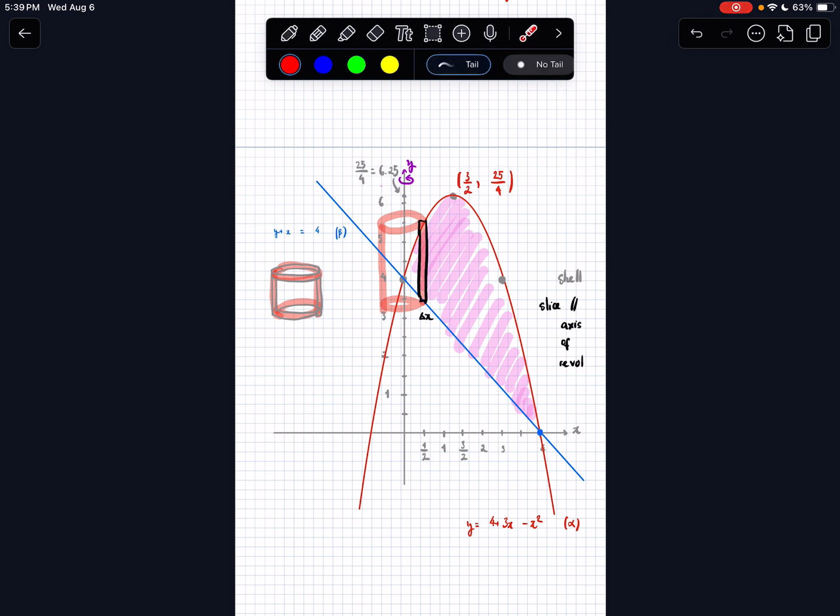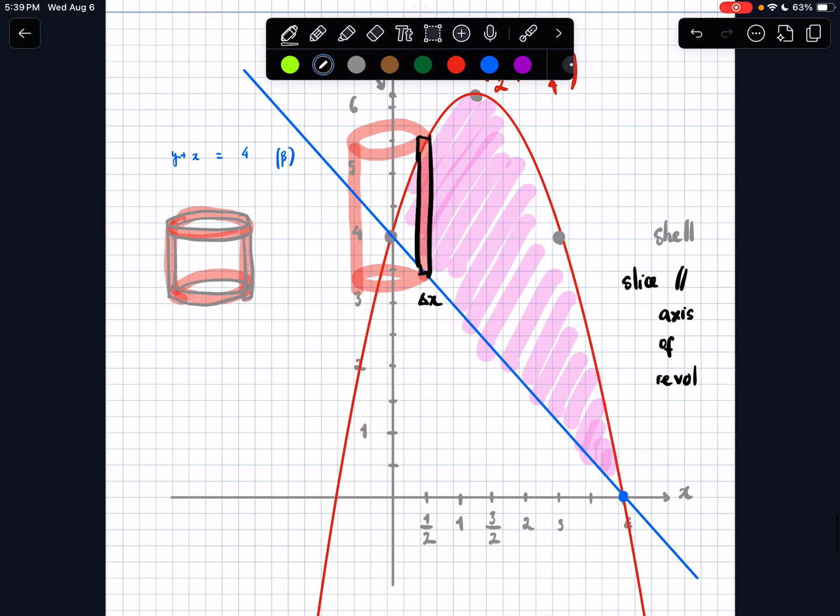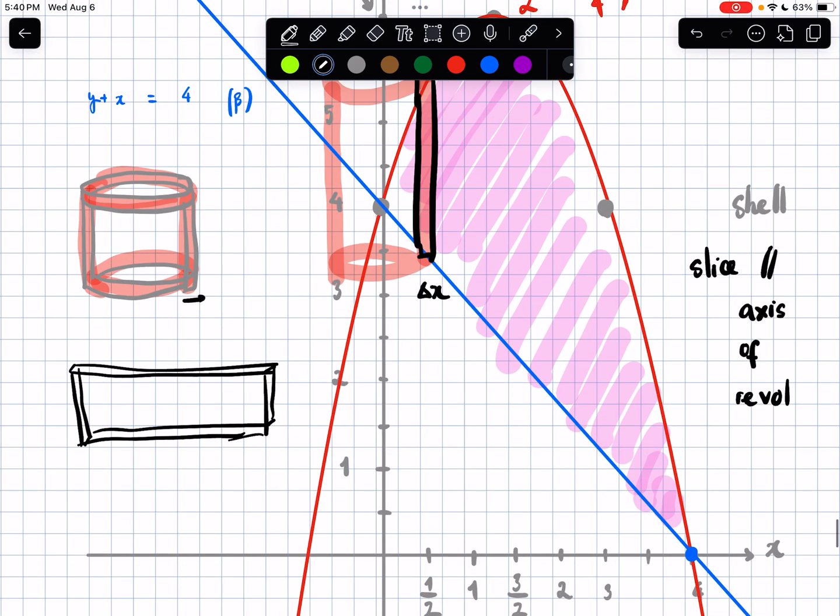If we cut the shell along the height, what we will get is a rectangle. The width of the rectangle is delta x, and when delta x tends to 0, this is dx.